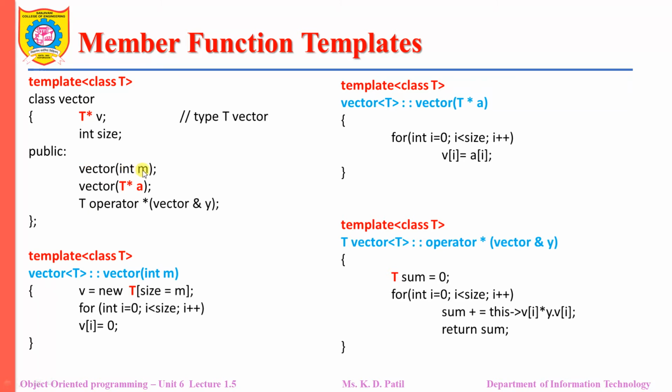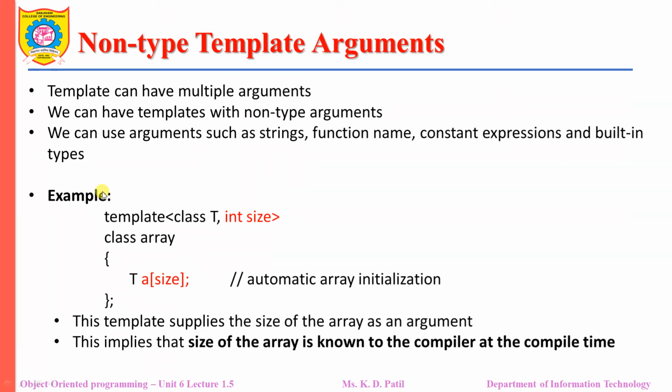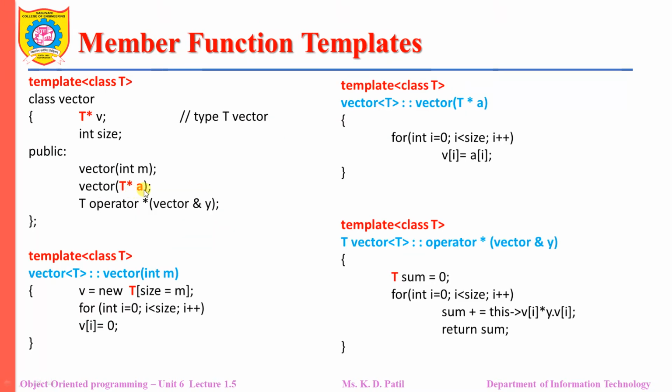Here we have our parameterized constructor which has the parameter as integer m. Here we have another constructor which has a type T passed as an argument, and here we have the operator function with type T.